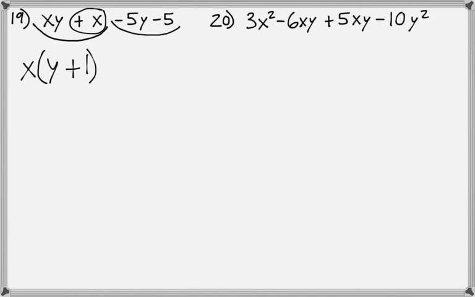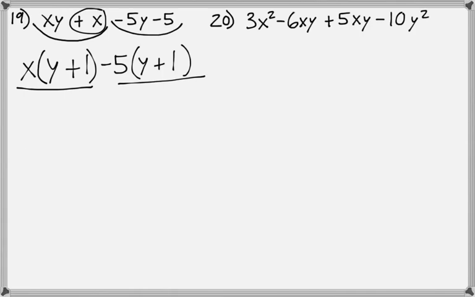And then I want to look at the second two terms, and I can't take any variables out of the second two terms, but I can factor out a -5, which will leave you with a y in the first term, and then -5 divided by a -5 is a plus 1. So you'll notice that we have the y plus 1 and the y plus 1 there.